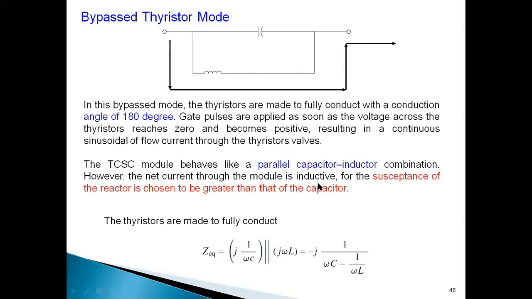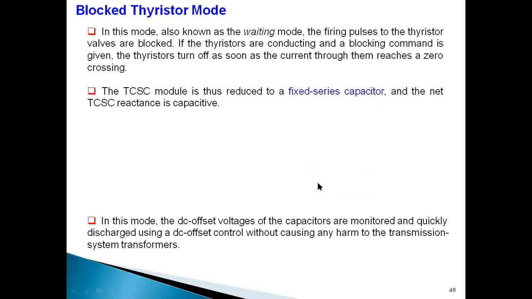In case of blocked thyristor mode, we call it a waiting mode. Why is it called waiting mode? Because the thyristor is open. By proper firing pulses, we can block this. The firing pulses to the thyristor are blocked, a blocking command is given, and the thyristor will turn off when the current reaches zero.